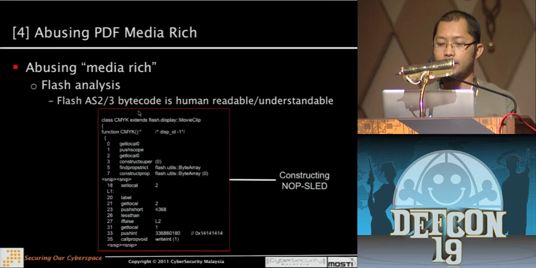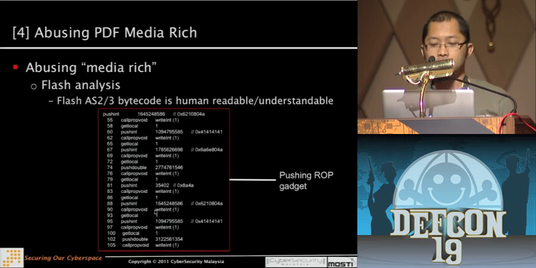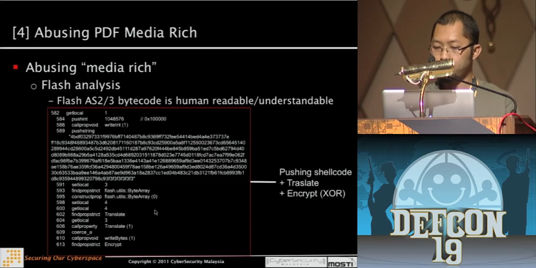And if you cannot do decompiling, you can always do some bytecode analysis here. For example, this one is pretty much trying to construct the NOP slide for the shellcode. You can see over here it pushes some stuff, push integer, and there are a couple of loops over here to assign the array. And this is another one pushing some ROP gadgets on top of the shellcode. And then pretty much here, you can also put some shellcode and try to have it encrypted.